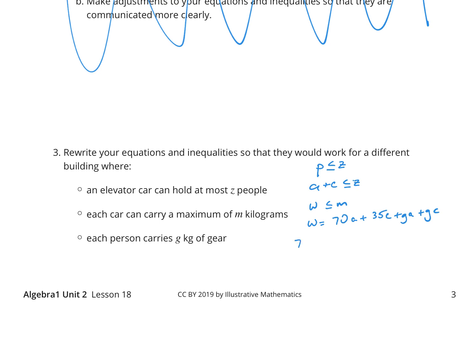You could also write that as 70A plus 35C plus GA plus GC is less than or equal to M. And you could even rewrite this using the distributive property. So 70 plus G times A plus 35 plus G times C is less than or equal to M. So some different options for writing those inequalities and equations.